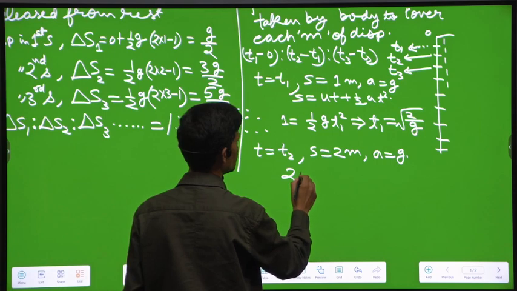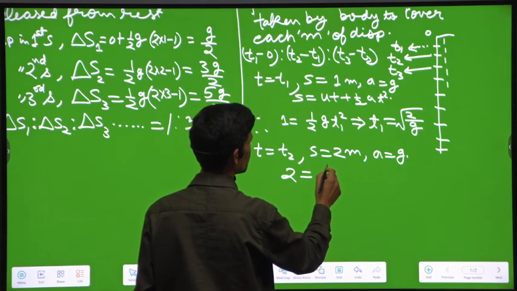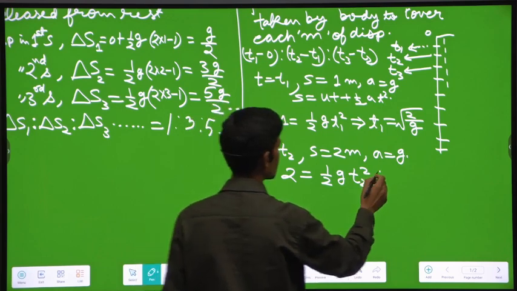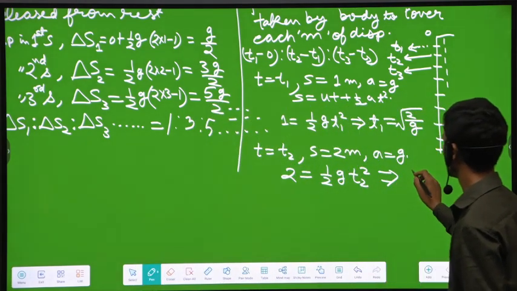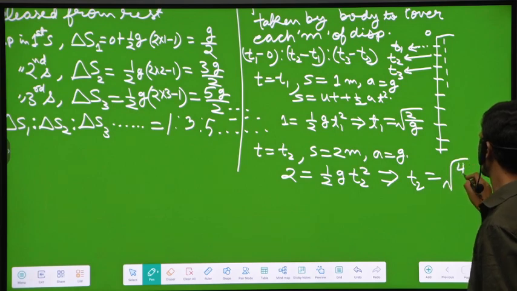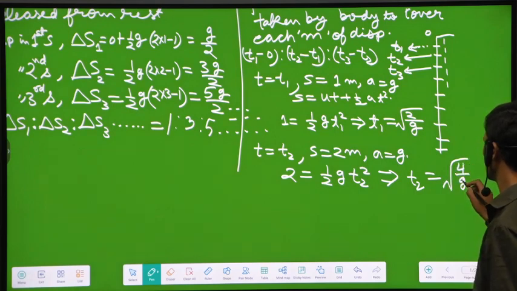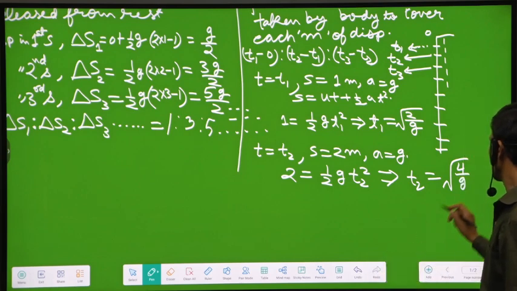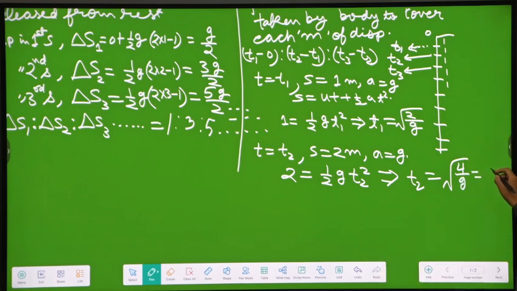So 2 meters is equal to half g t2 square. From here t2 is equal to root 4 by g, or I can write it as root 2 multiplied by root 2 by g.